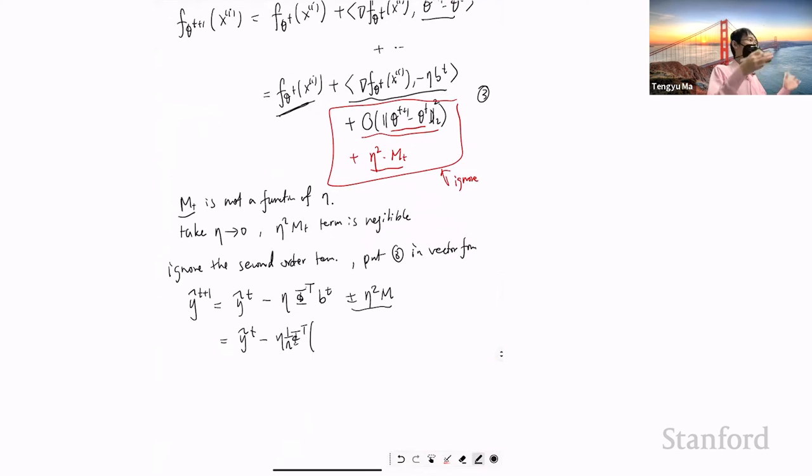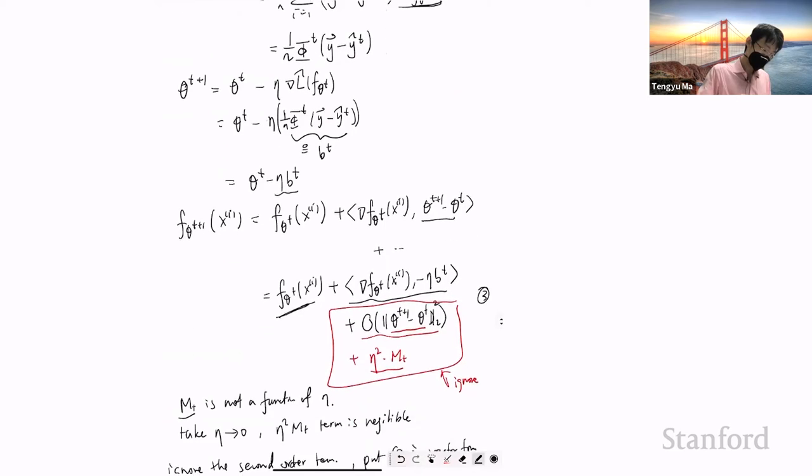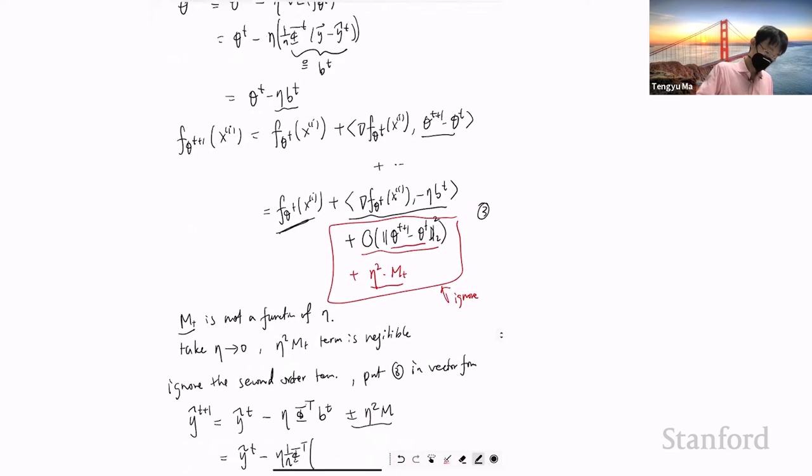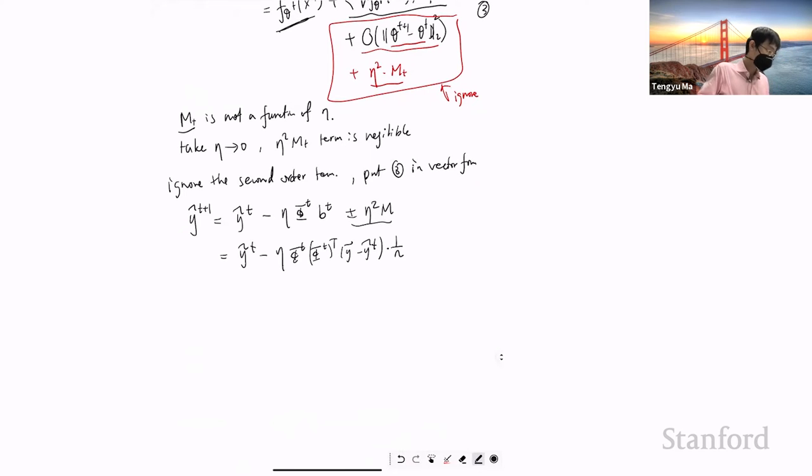For the linear regression case, I didn't have the 1 over n in the loss function, and now I have the 1 over n. That's why it's a little bit mismatched, but it's not a fundamental difference. So let's have the 1 over n. Then you have this is phi t, and then you have eta phi t transpose times y vec minus y hat t times 1 over n.